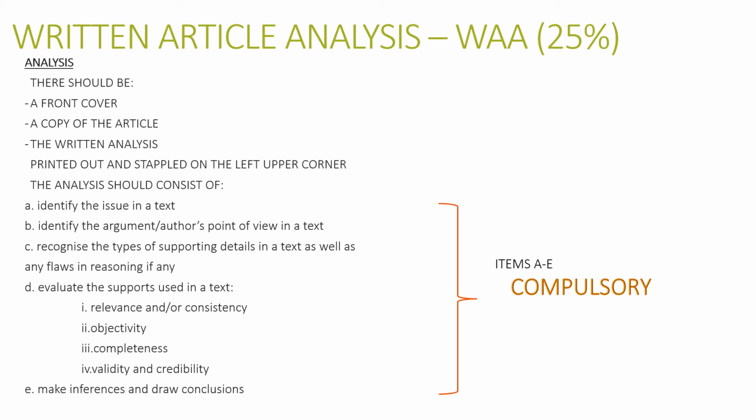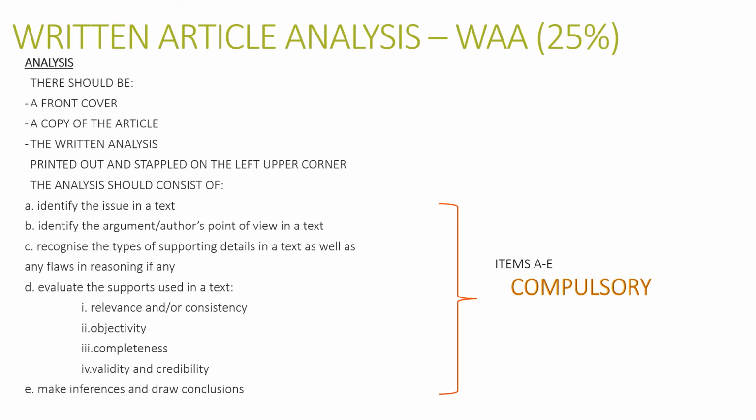So your submission should consist of three parts: the front cover, the article, and the article analysis, in that sequence. You're going to print it out and submit it to me.